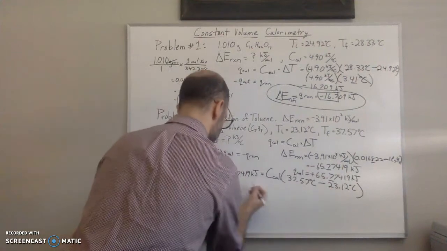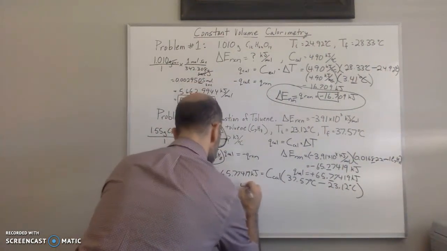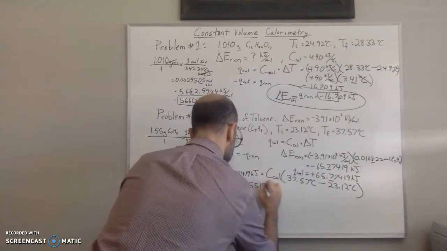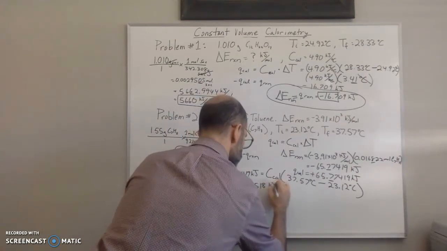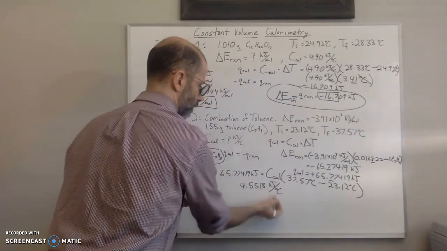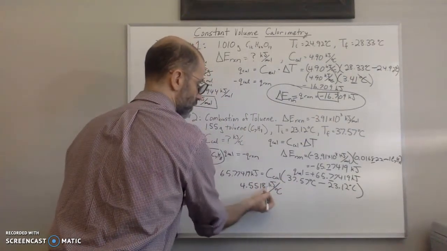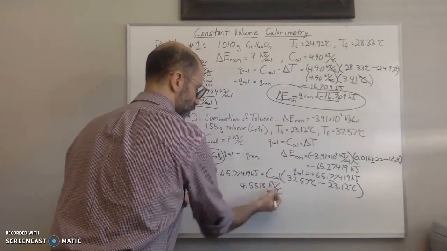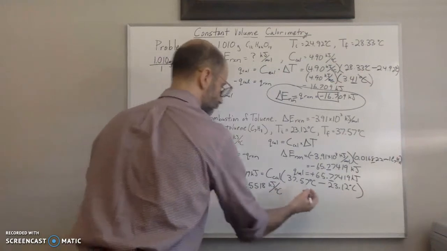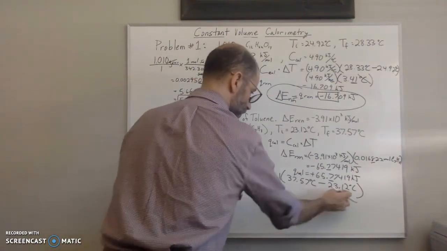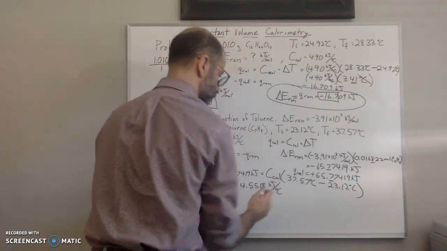So when we divide this, we're going to get 4.5518 kilojoules per degree Celsius, which is what you would expect for the units of specific heat of a calorimeter. And so again, we're looking at the decimal places here. We have two decimal places.